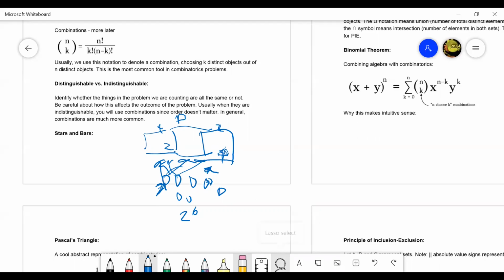And the last one we didn't go over is if the boxes are indistinguishable and the balls are distinguishable. This one is slightly more annoying to deal with, because you have to consider the orientations of the balls relative to each other.